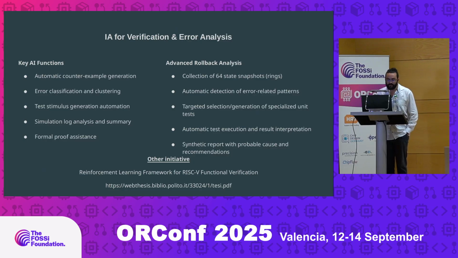AI for verification and error analysis is still in experimentation, but the key functions can be counterexample generation, error classification and clustering, test stimulus generation automation, simulation log analysis, and summary.